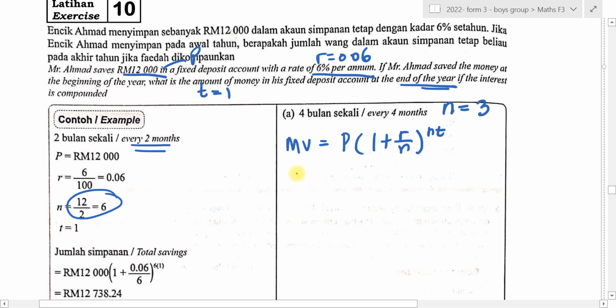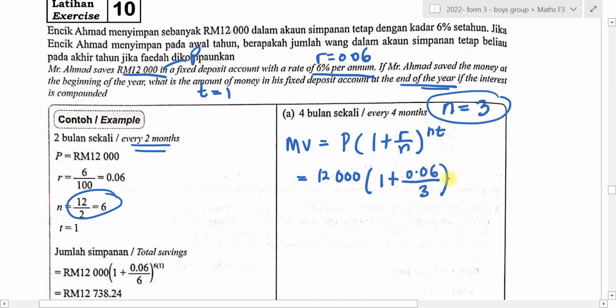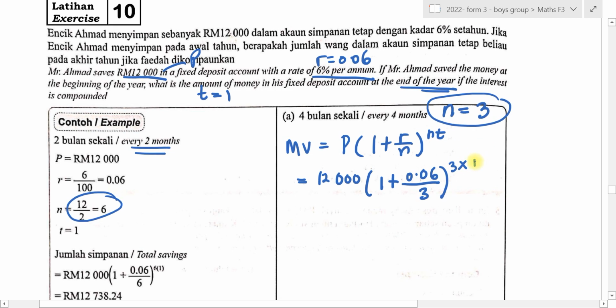So the principal here is 12,000. 1 plus R, R is 0.06 over N. N is 3 for this question. So put 3 here and then 3 to the power, times by the time. Time is 1 only, 1 year. How much is this, Ishwar? Calculate for me.